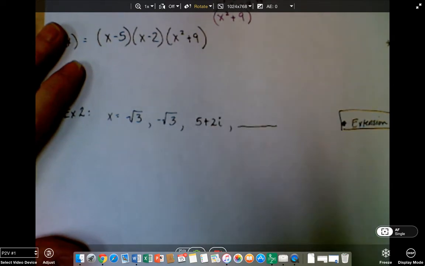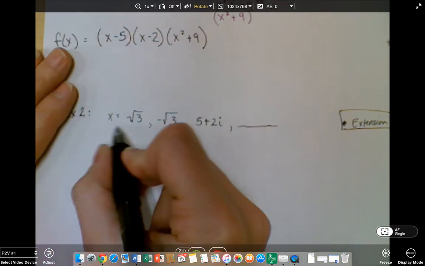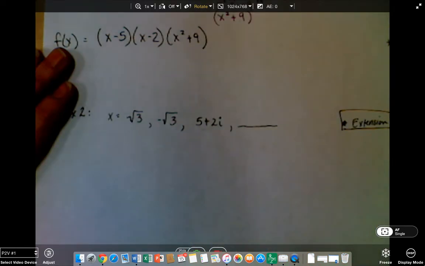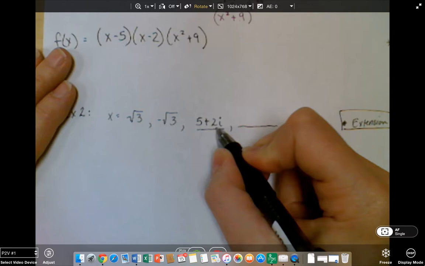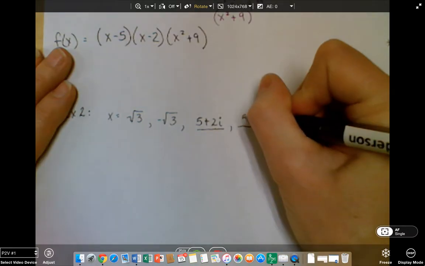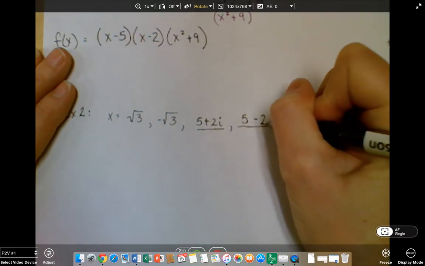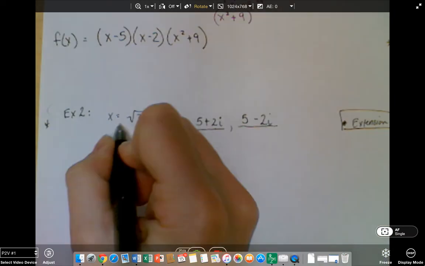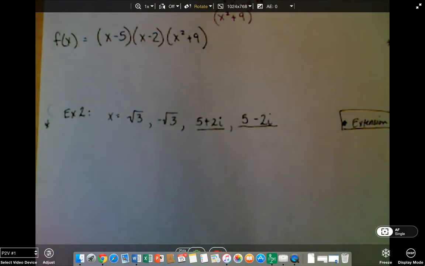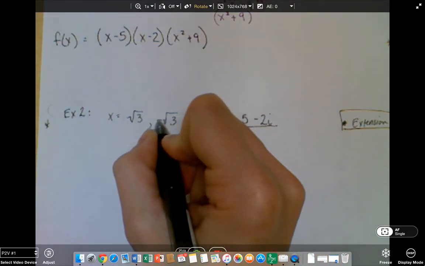So we're given these 1, 2, 3 roots, and this one also has an i, so if 5 plus 2i is a root, then 5 minus 2i is a root. And so we're going to break these up. x equals square root 3 and negative square root 3.